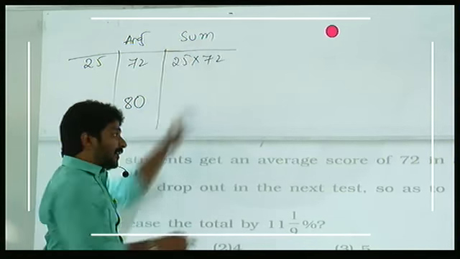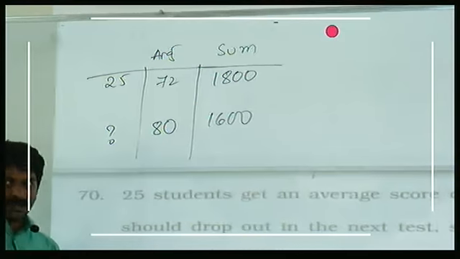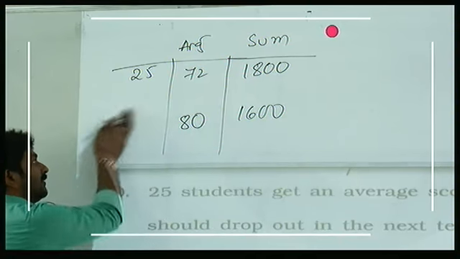Now the sum should decrease by 11 1/9%, which is 1/9. 1/9 of this number is 200. A 200 decrease should be equal to 1600. How many percent should be here? So that their average is 80 and the sum is 1600. Sum is average multiplied by number of persons only, right? Yes or no? With what number do you have to multiply 80 so that it gives you 1600? 20.